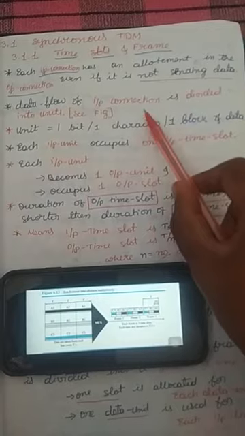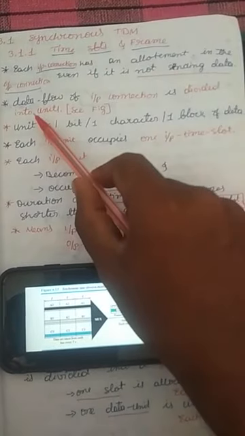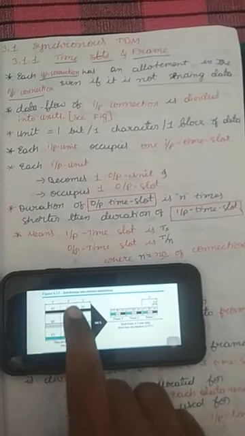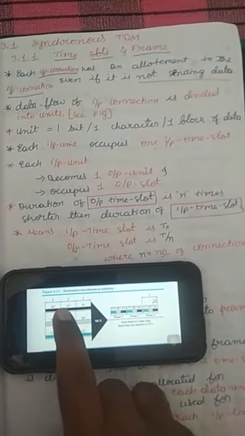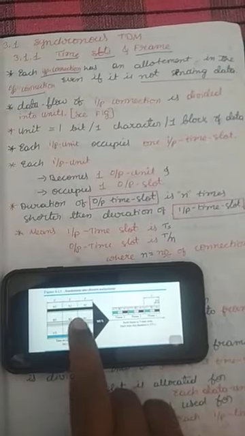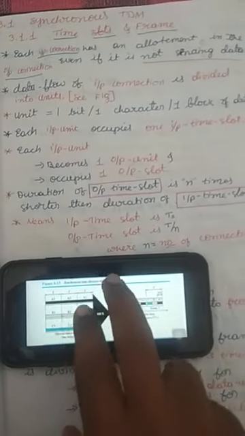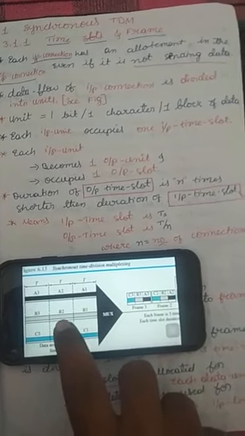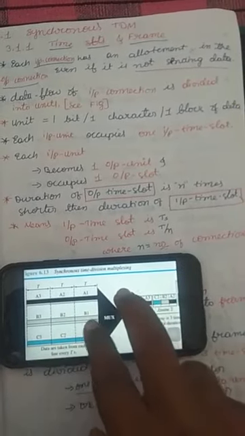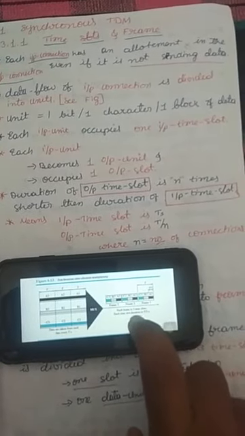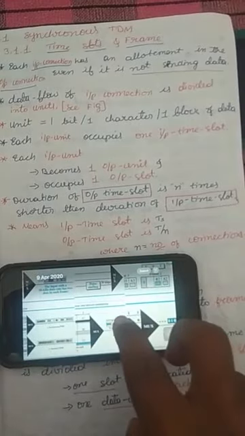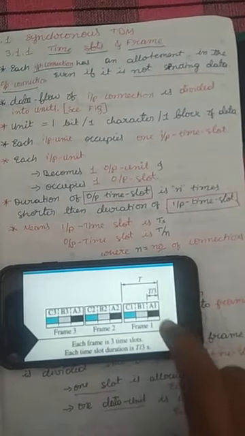The second statement is that the data flow of the input connection is divided into units. Data flow is nothing but A1, A2, A3, B1, B2, B3, C1, C2, C3. Here it is divided into units. A unit we call a slot.